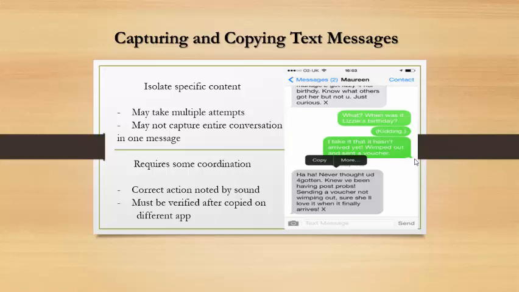Or you can select a large block of text by dragging the blue points that will appear once you tap it, and that handles the copy feature. Once you've seen the copy feature, if your message is lengthy, you're going to need to go back through a couple of times and repeat the steps so that you can capture the message in its entirety.